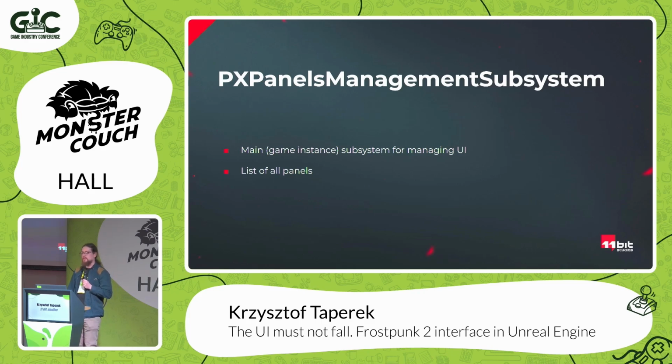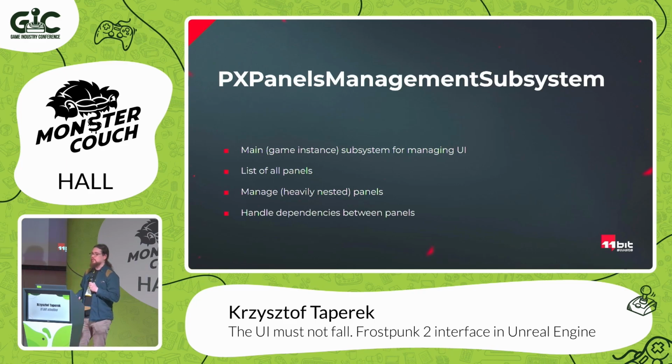Of course it's not an ECS style architecture, not a component system, but it behaves in a similar way, because we still have a list of all objects of that type, and we can iterate over them, and we manage them in this single place. And of course, our panels are heavily nested, so there is a lot of logic behind that to handle dependencies between them.